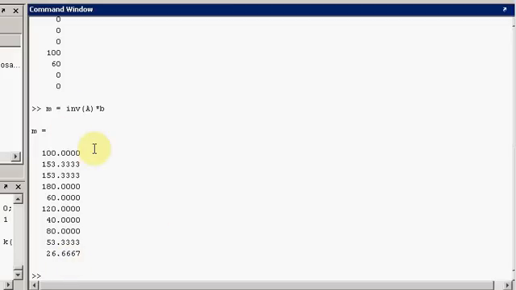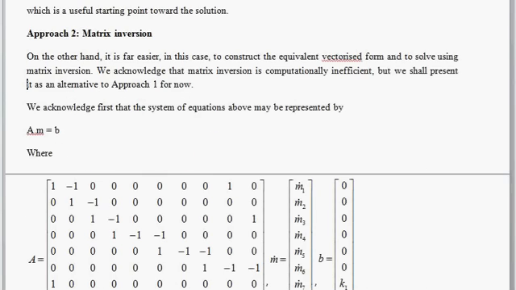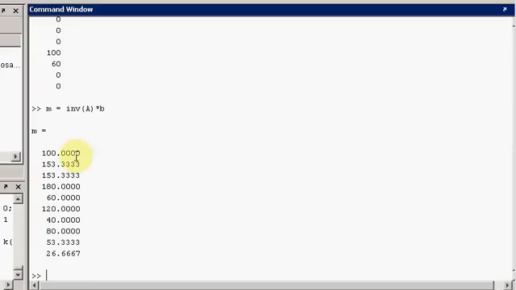And remember, we had ordered M such that we have all those mass flow rates written down the column there, and let's look at the values. You can see in this position we've got 100 here, and we knew that. We had specified that the mass flow rate of the fresh stream into the process was 100 kilograms per second. m dot 1 was 100, so we have that result there.